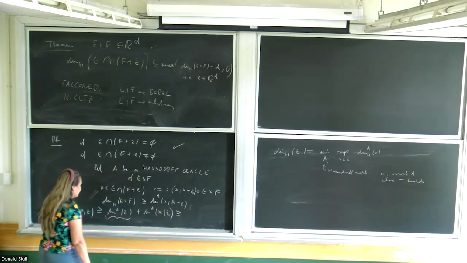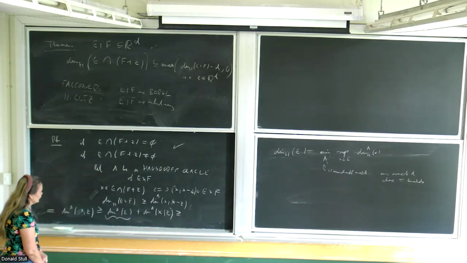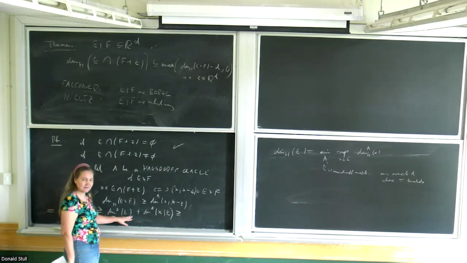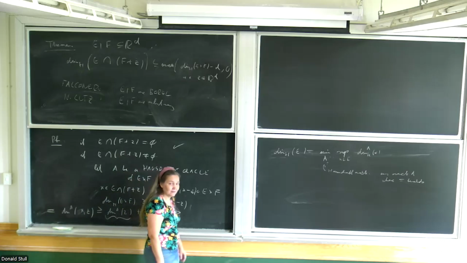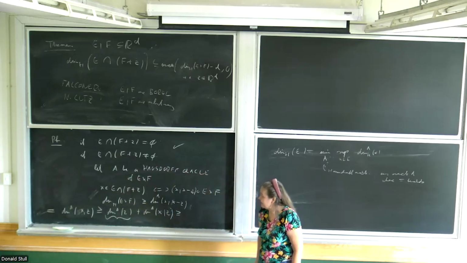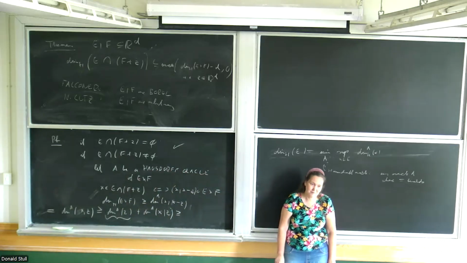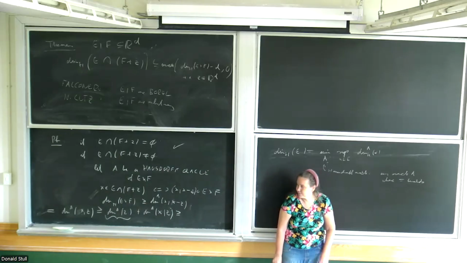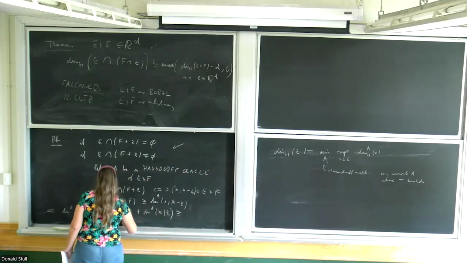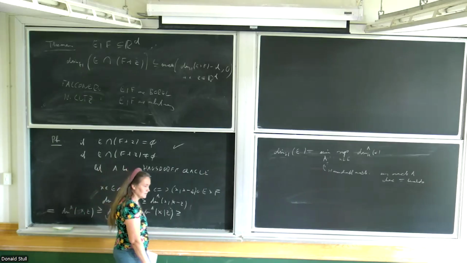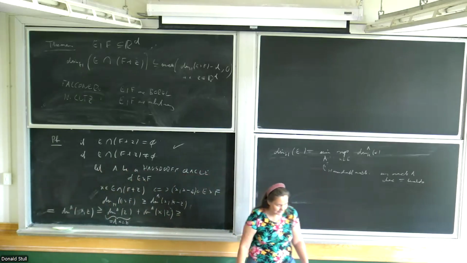The first one is just any point in the plane. I'm asking what its dimension is. Z was any shift in R^d. And of course, we know that in R^d, almost every point has dimension d. So this equals d for almost every z. This was again a theorem from yesterday.